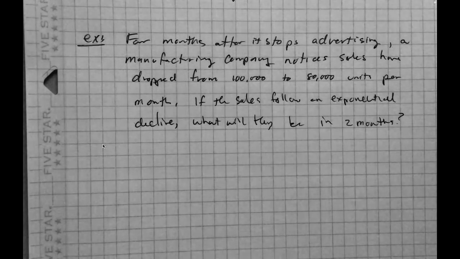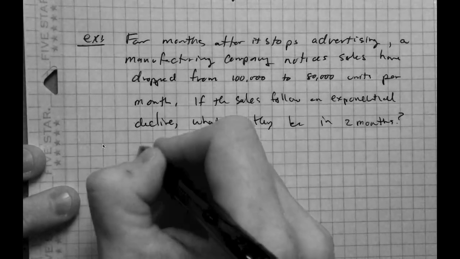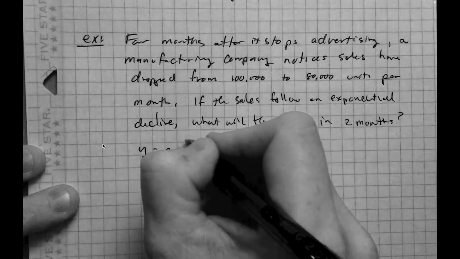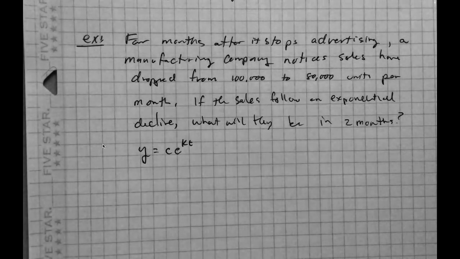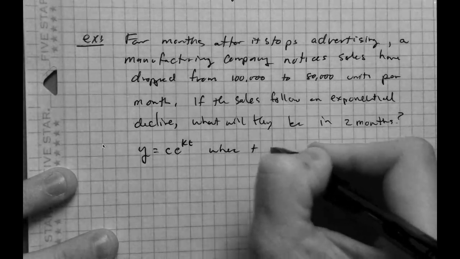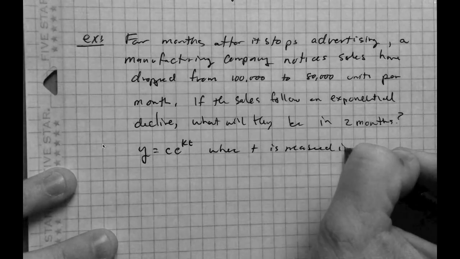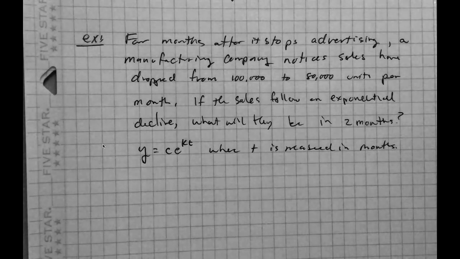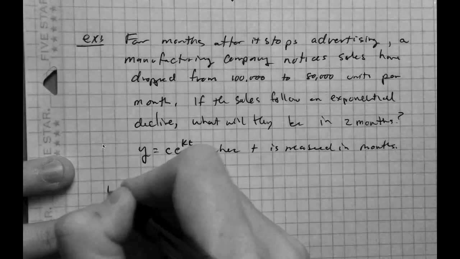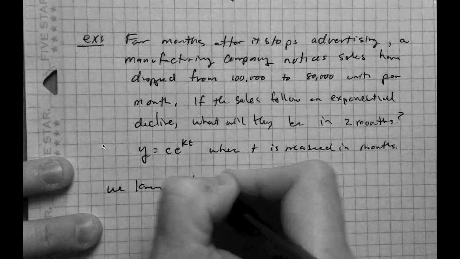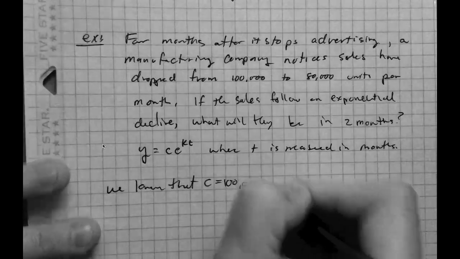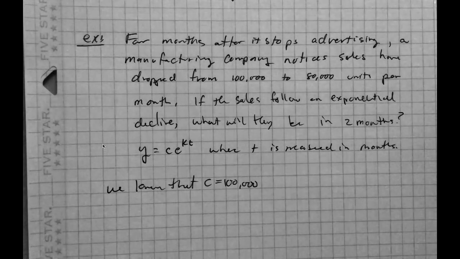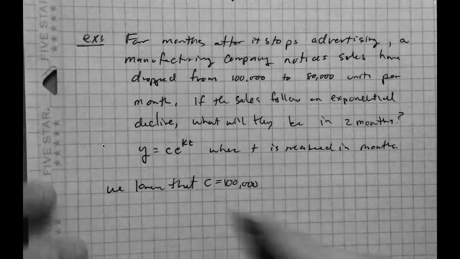So we can use an exponential decay model. Okay, so we'll use the model y equals ce to the kt, where t is measured in months. We know that c is equal to 100,000, since this was the sales at t equals 0.